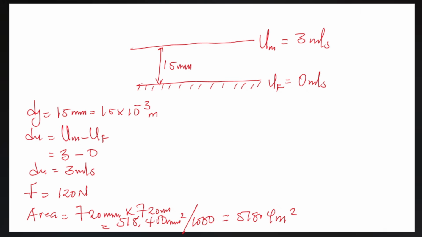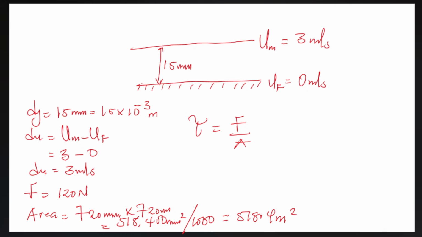Now, since we've succeeded in getting the area, we already know the force. But remember, from our elementary physics, when we are considering shear stress, which is tau, it is equal to force over area.